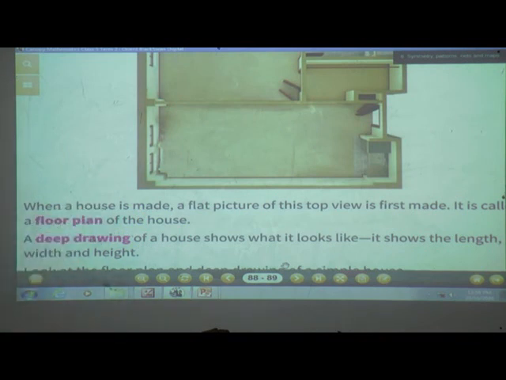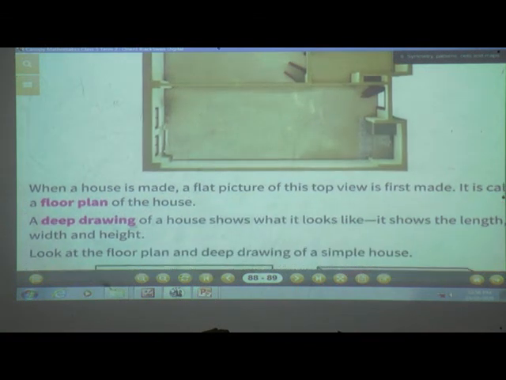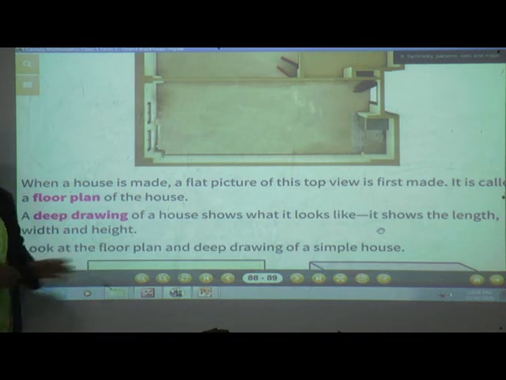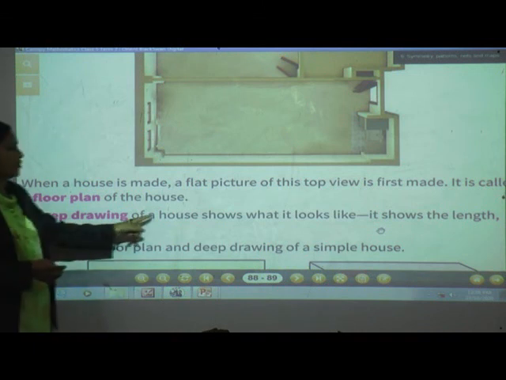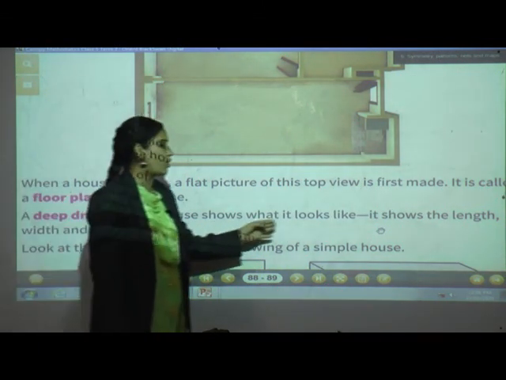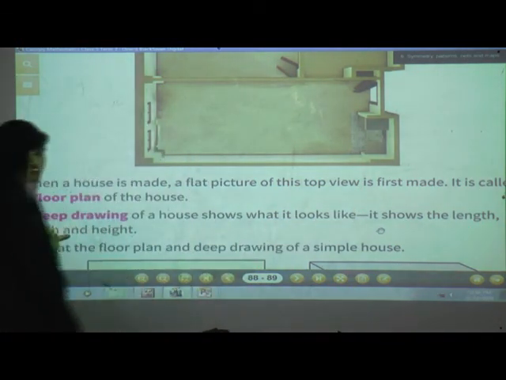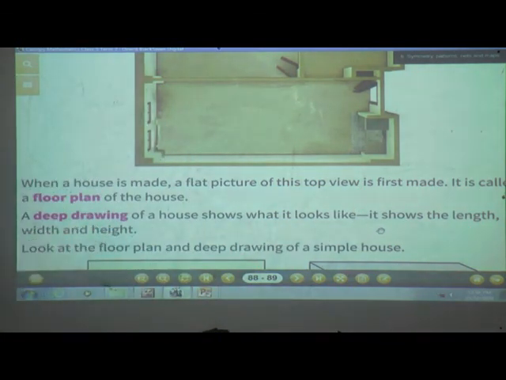Now a deep drawing. So what is meant by deep drawing? A deep drawing of a house shows what it looks like. It shows the length, width and the height. So this is the definition of deep drawing. Okay.